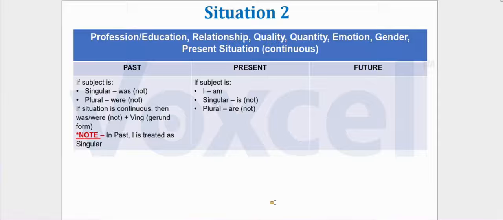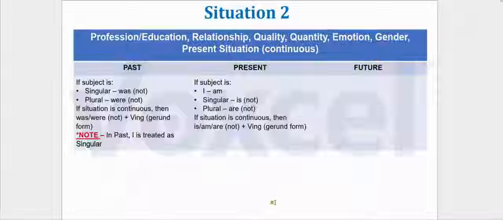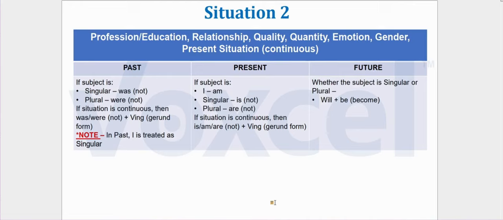So if I'm saying to somebody you are my friend, it is you are, not you is. Although he or she is one person, it is the rule of English. If the situation is continuous, then is, am, are with the ing gerund form. That's the same. Clear? For future, whether the subject is singular or plural, we don't care about that. We will use will be, or become.